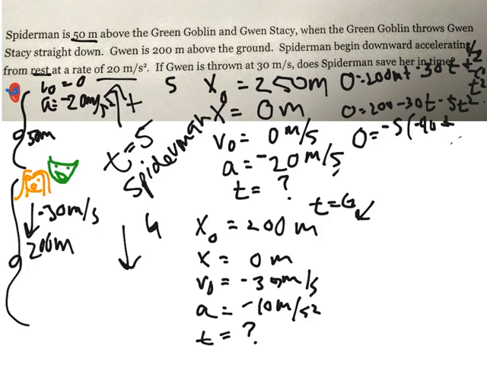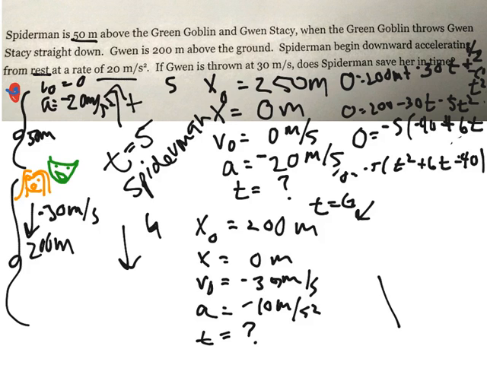You divide negative 5 out from 30, you get 6, and then t squared. So it's going to look something like 0 is equal to negative 5 times t squared plus 6t minus 40. So hopefully that looks a little more like something you've done before.